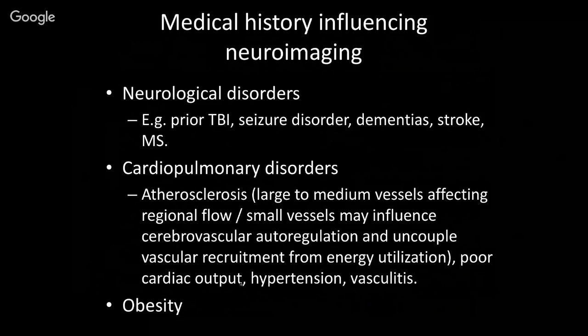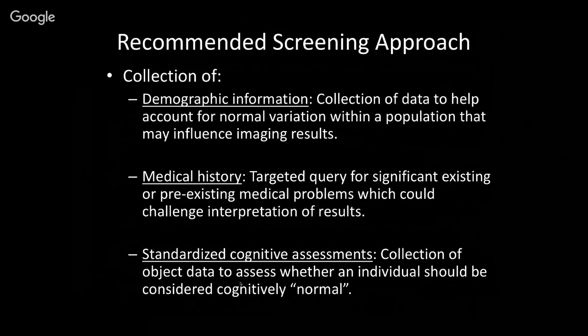Other more obvious causes were neurological disorders, such as seizure disorders, dementia, stroke, or MS, and cardiopulmonary disorders were recognized as having an influence as well, particularly atherosclerosis or general cardiovascular disease. It was also recognized that obesity may have an influence on neuroimaging.